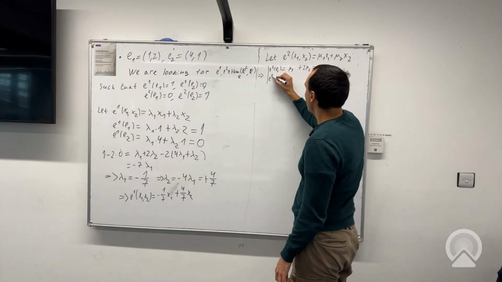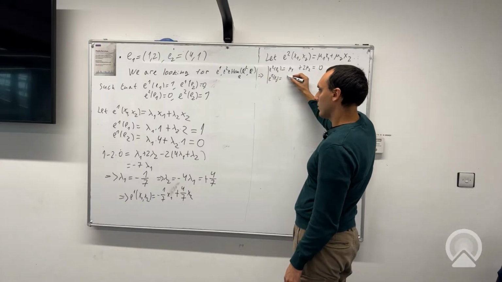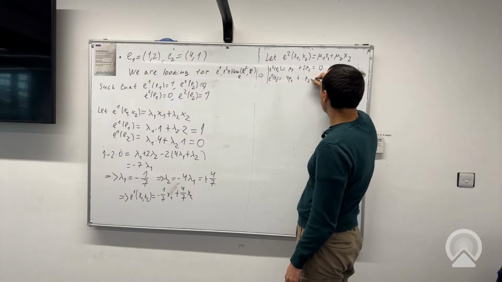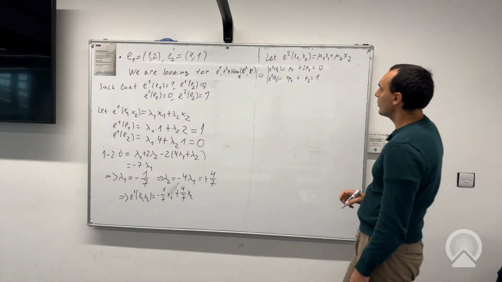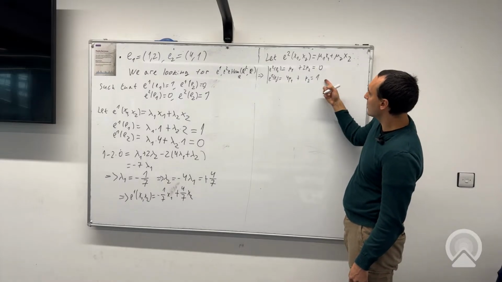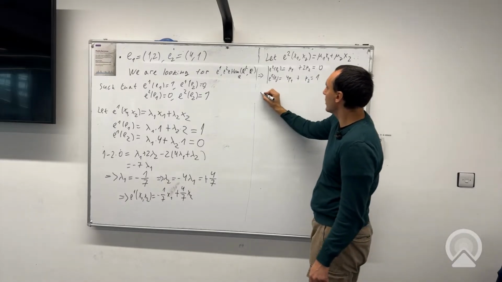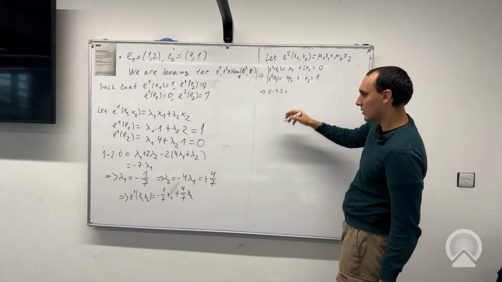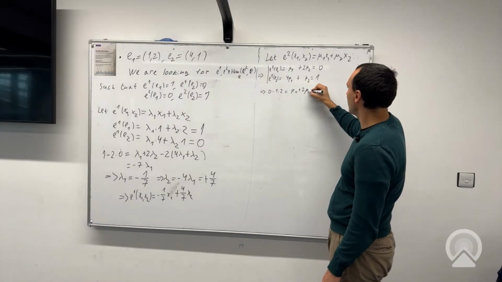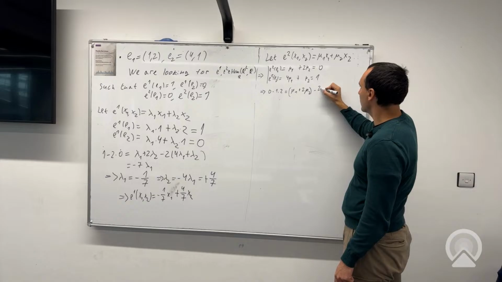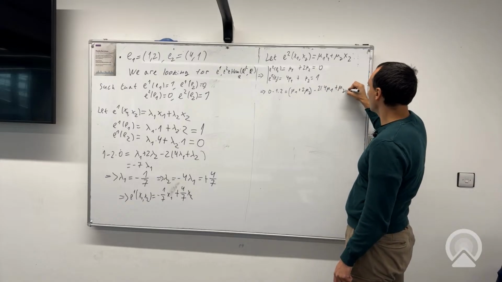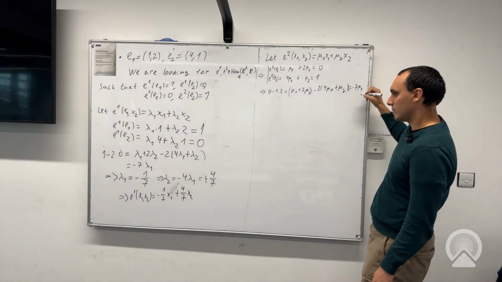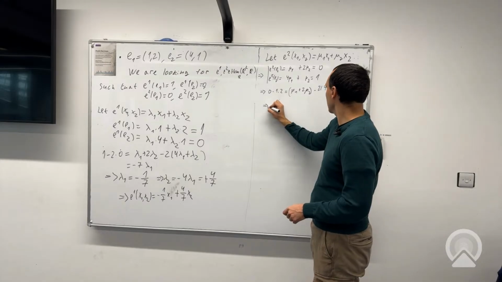And e^2(e2) is 4 mu1 plus mu2 equals 1. Again, we subtract the first minus the second twice, so we get 0 minus 1 times 2 equals mu1 plus 2 mu2 minus 2 times (4 mu1 plus mu2), which is minus 7 mu1.